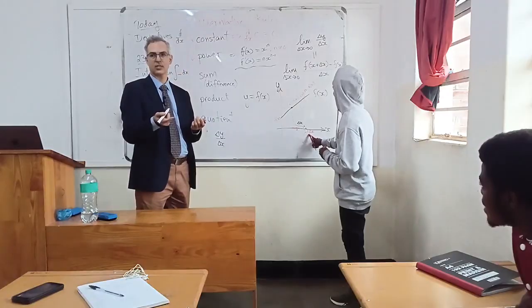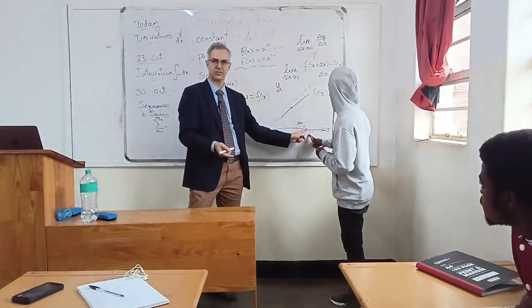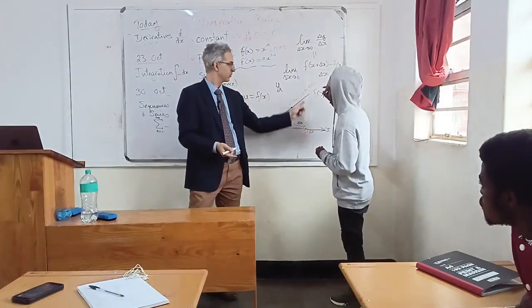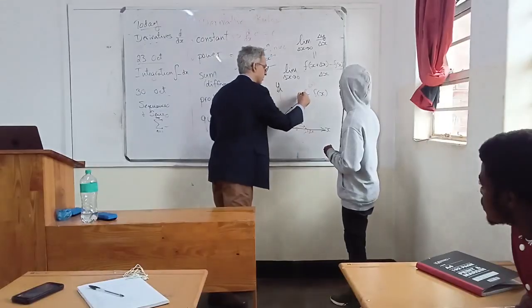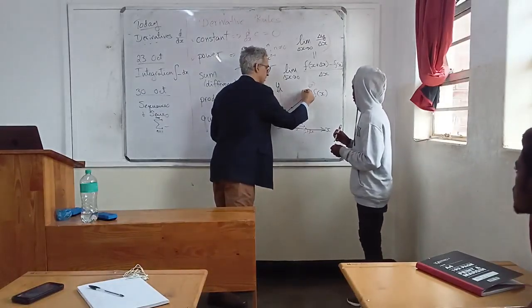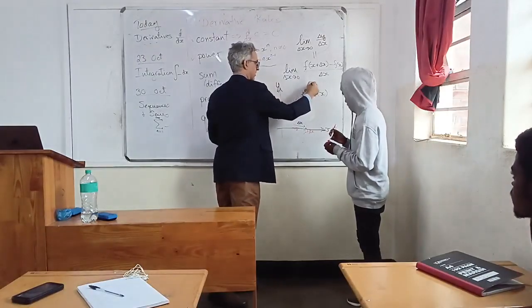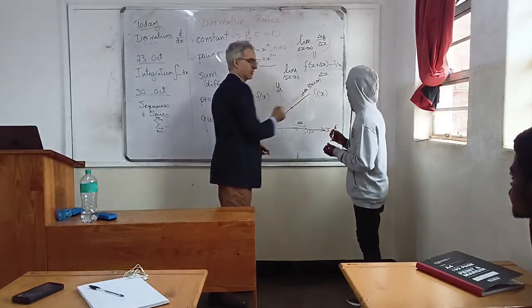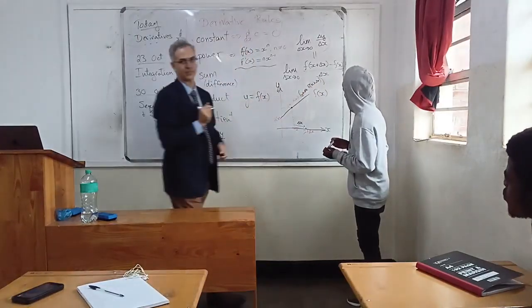If you're asking what is the function value for this input, then you have to say what is the function value of x plus delta x. So what is f of this x plus delta x? And then these are the coordinates. That's right.